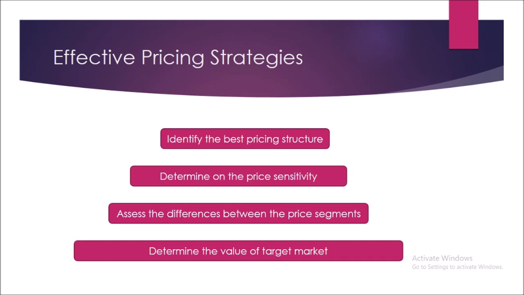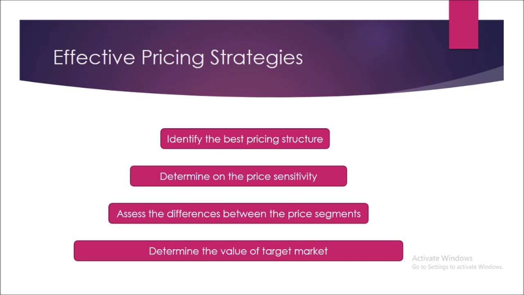So economy is soap, then the non-premium layer is shampoo, and the premium layer is the shower gel. So you can see 3 stages. So assess the difference between the pricing segments, and you can give 3 different types of prices.